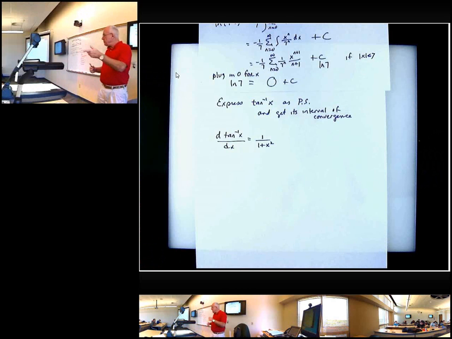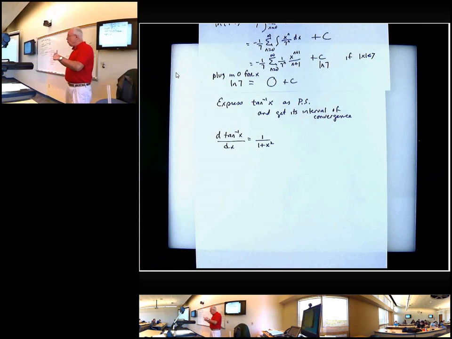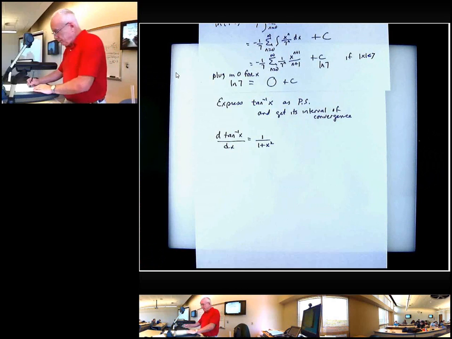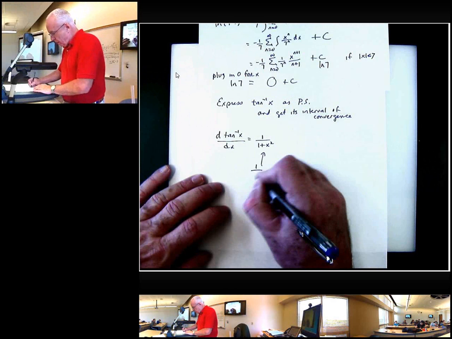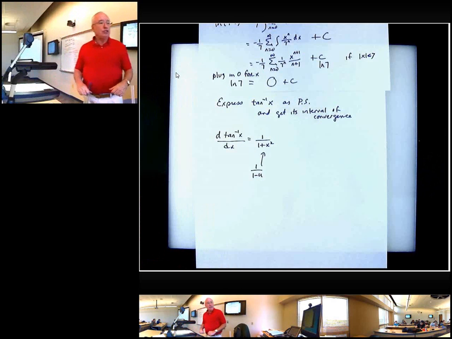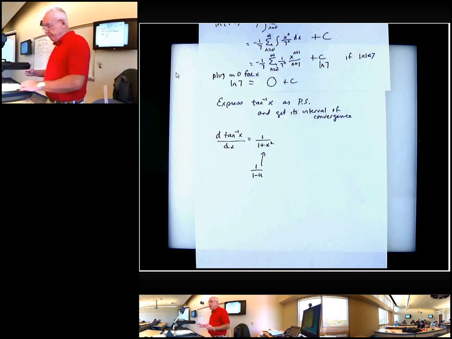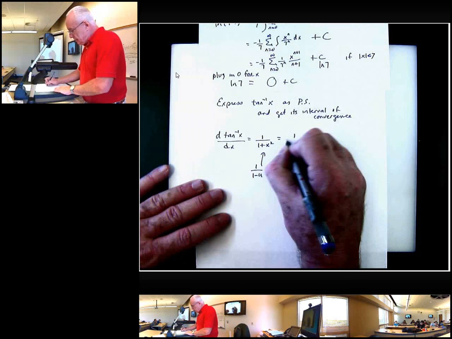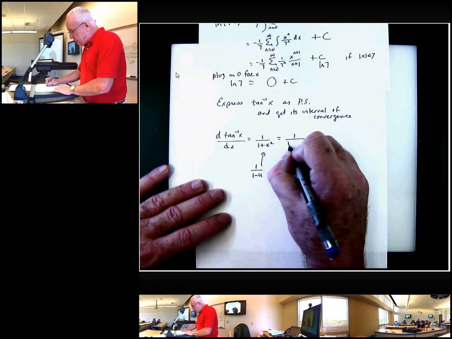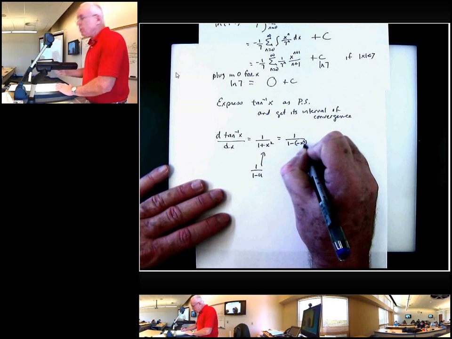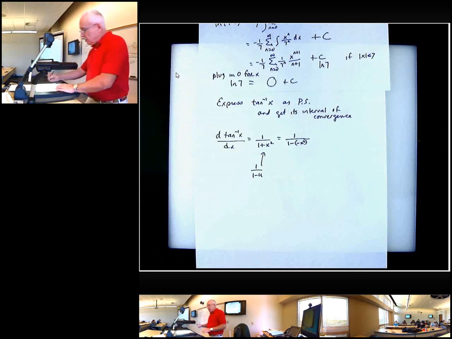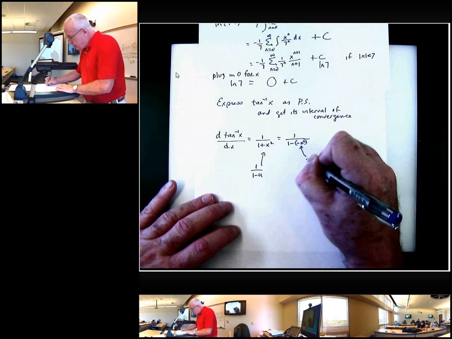I can fiddle with that and get that into the 1 over 1 minus u format. And I do that little trick of doing the double negative. So I can rewrite this as 1 over 1 minus a negative x squared. And so therefore minus x squared is my u.